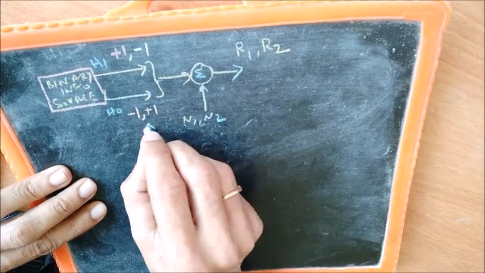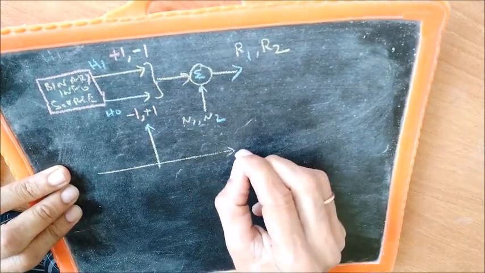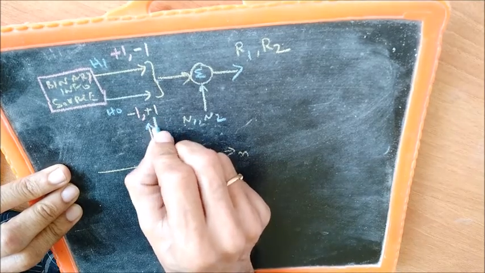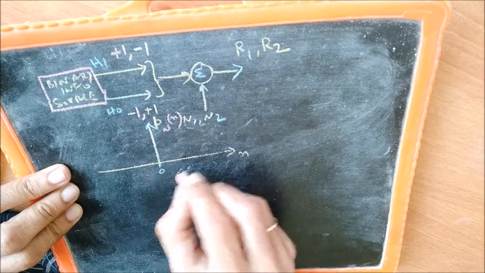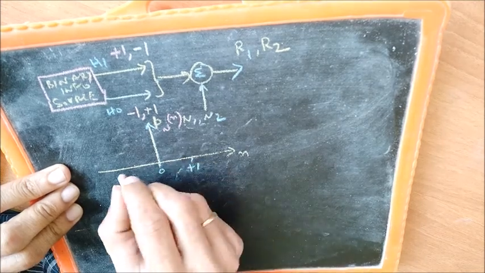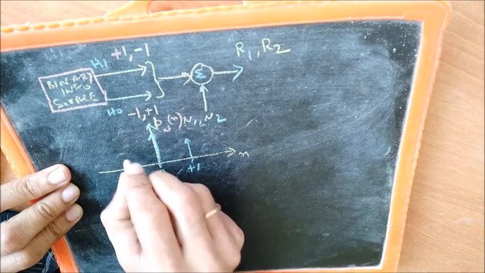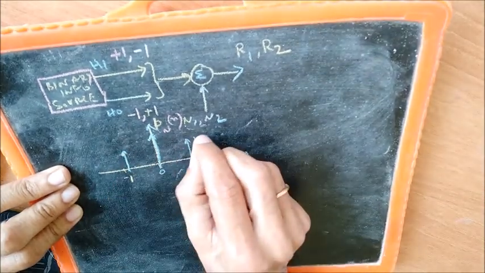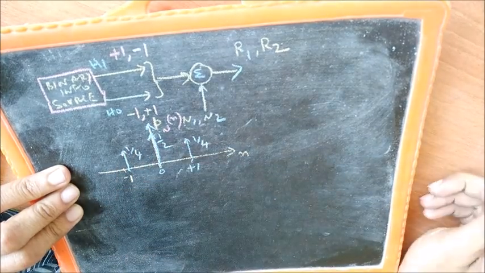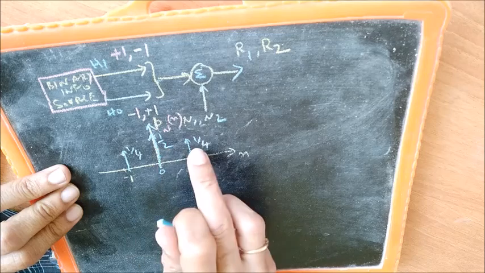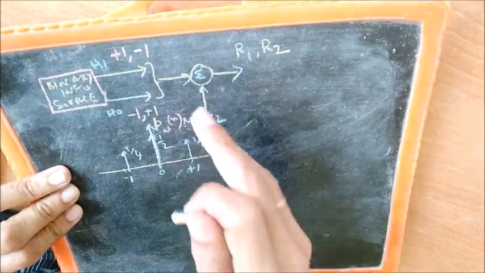So be it N1 or N2, the probability density function is the same as what we had earlier, taking on values 0, plus 1 or minus 1, with probabilities 1 by 4, 1 by 4, 1 by 2. These are impulses, so what I have written here are the strengths of the impulses. And this is what gets added.